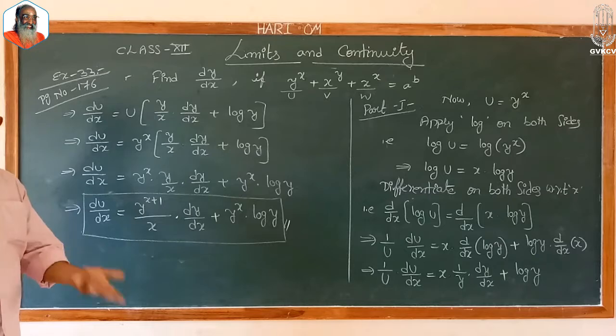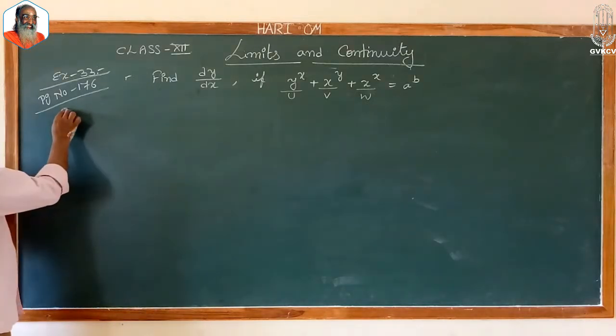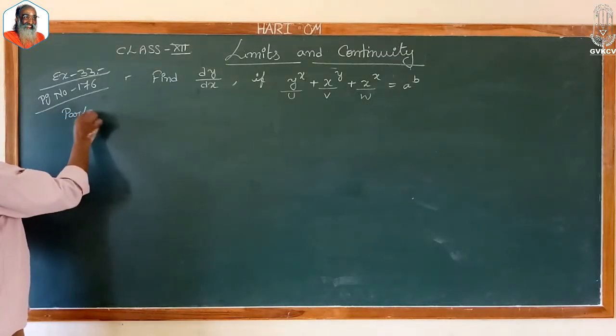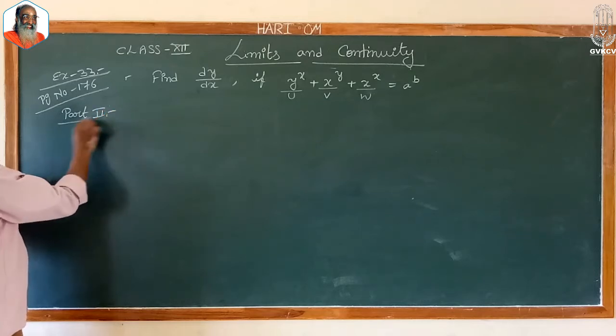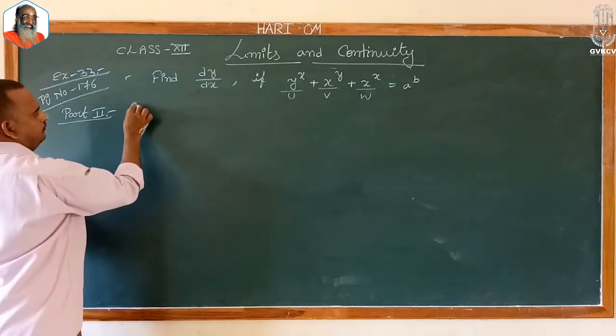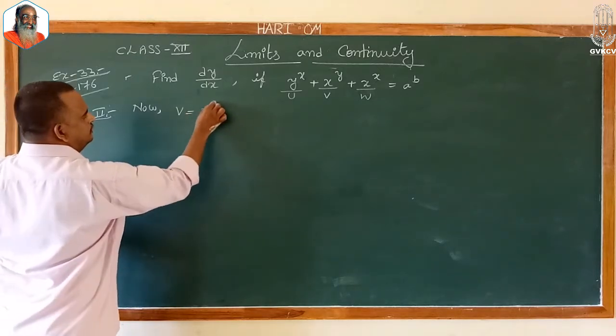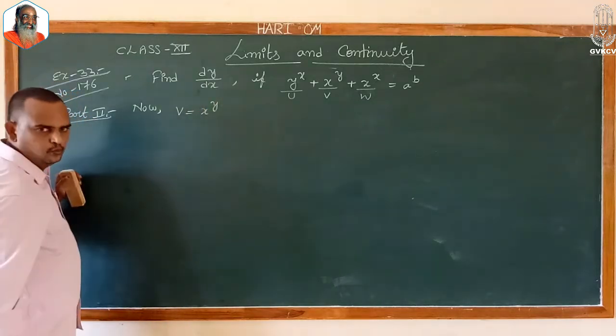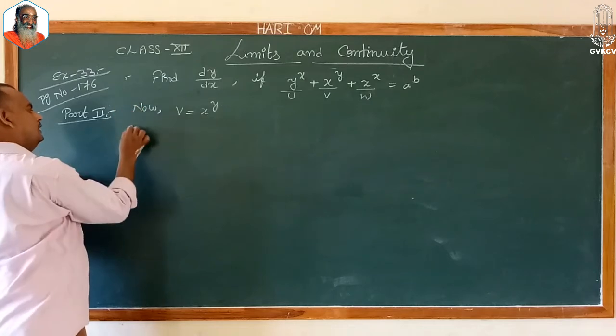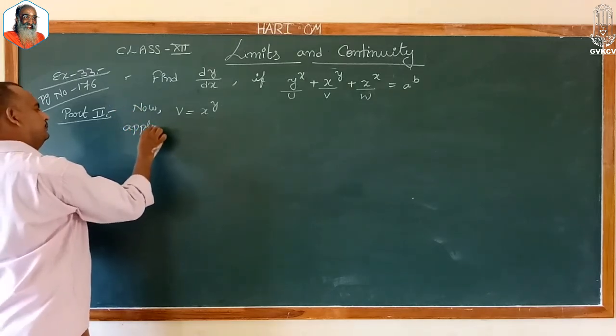Now we go for part 2. What is part 2? Now v = x^y.